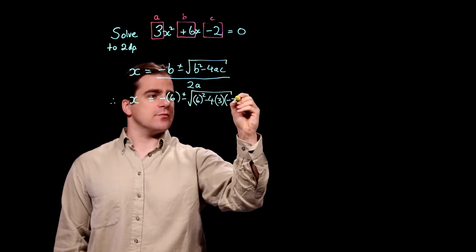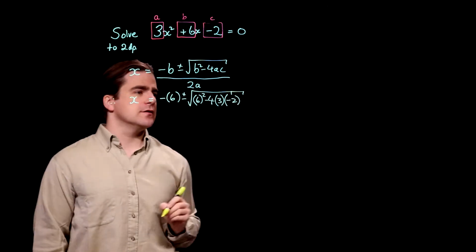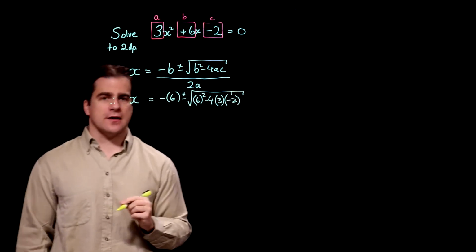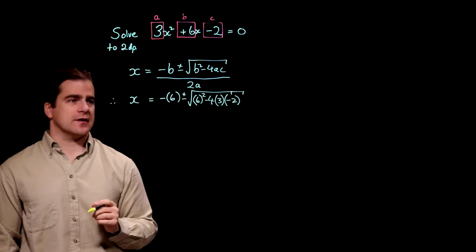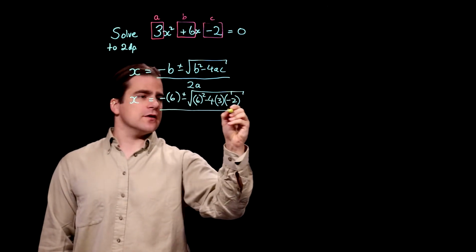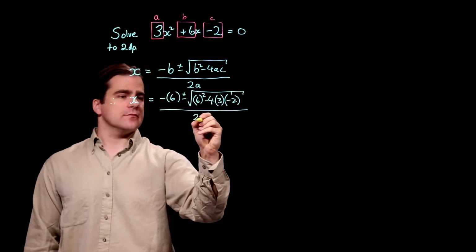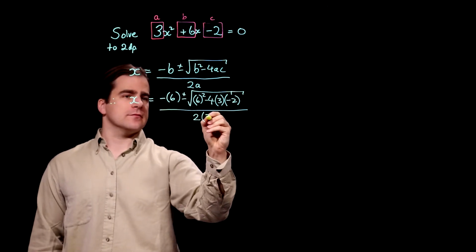See, this is why we use brackets, because especially with minuses, you're much less likely to make a mistake. All over 2a, a is 3.